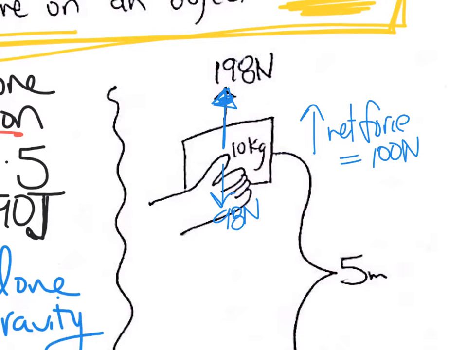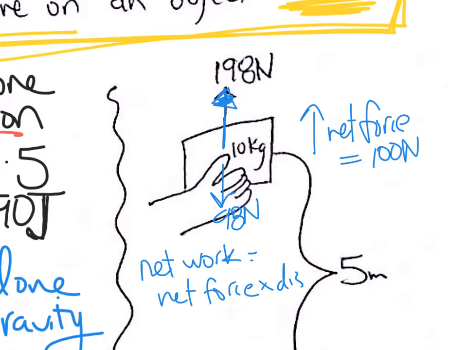And the net work done on the object is going to be the net force times the distance. So I'll write that: net work equals net force times distance. And so we get 100 newtons times a distance of 5 meters, giving us 500 joules.